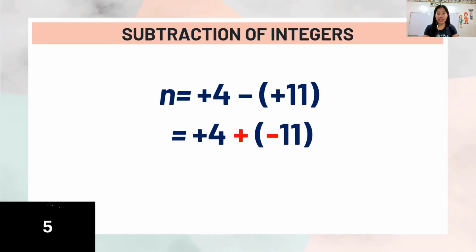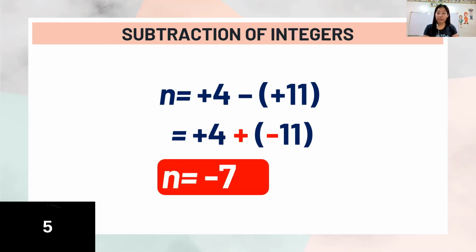Here, the addends have different signs. So let us apply the rule in adding integers. If we are going to add different signed numbers, we will subtract them. So 11 minus 4 is 7. And the sign of our answer here is negative because we have to base the sign of our answer on which number is bigger.